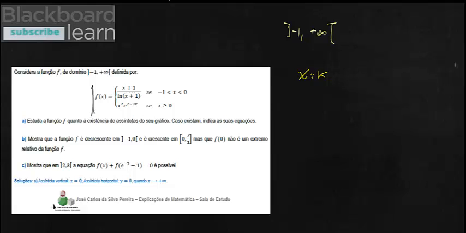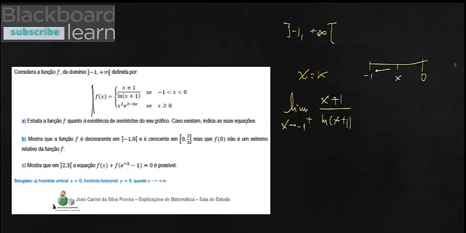So I'm going to take the limit when x approaches -1. As you can see, the open interval is -1 to 0, so if x approaches -1, it will be by the right. So I will have the limit as x approaches -1 plus of (x plus 1) over logarithm of (x plus 1).